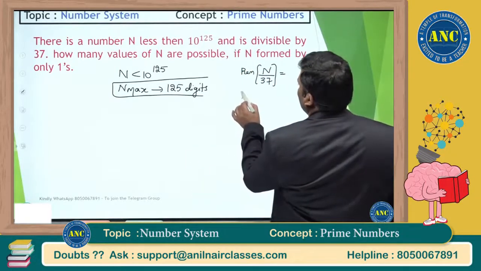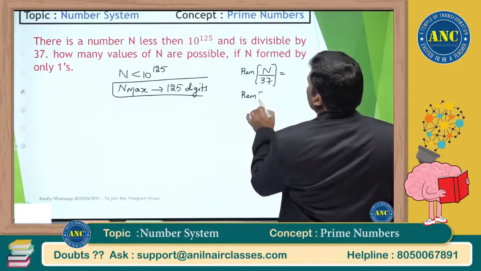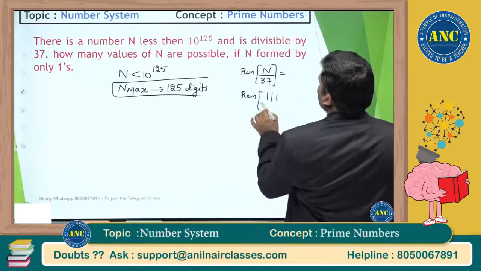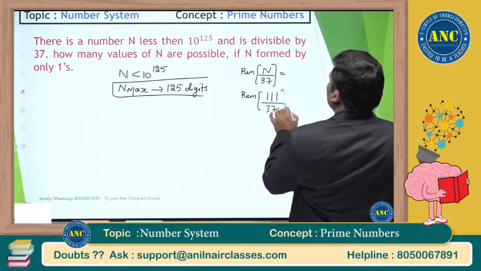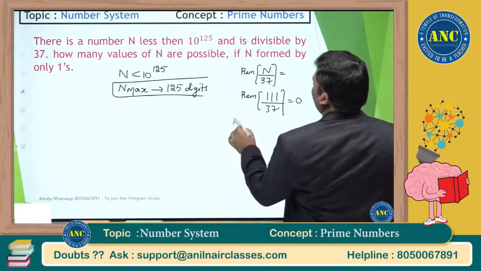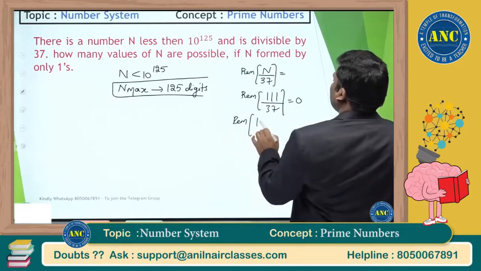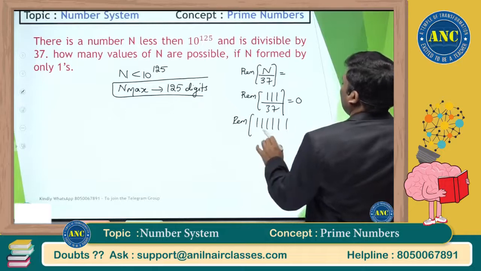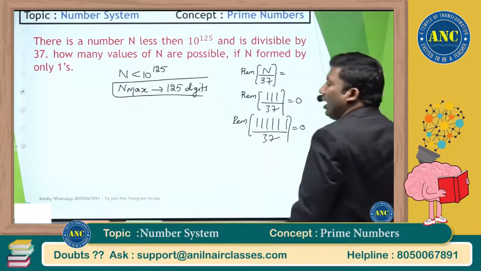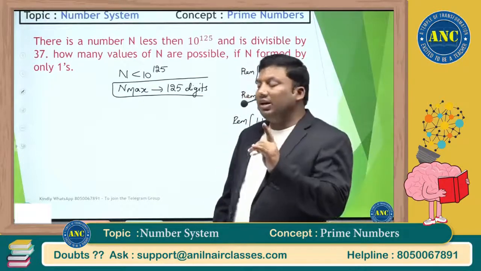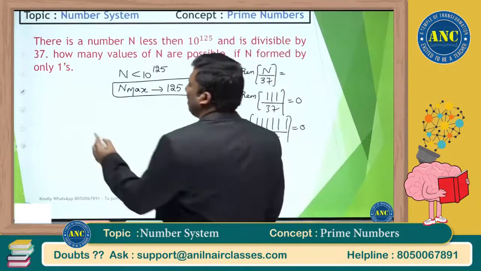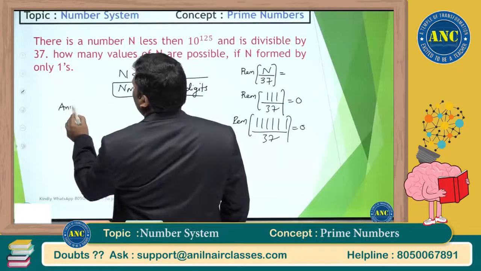But if you see here, a number is formed by only ones. 111 divided by 37, the remainder is 0. 6 ones is also divisible. Yesterday in session number 2, I discussed the divisibility rule of 37, one important key point. What is that key point?